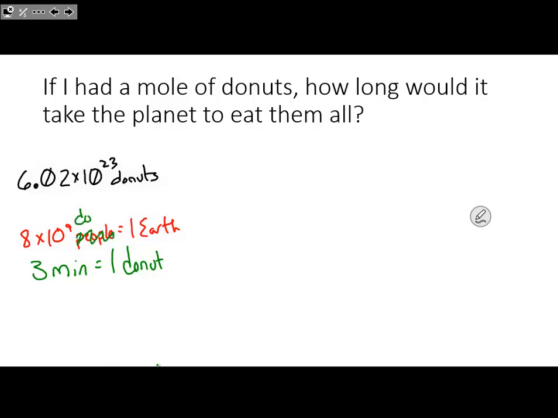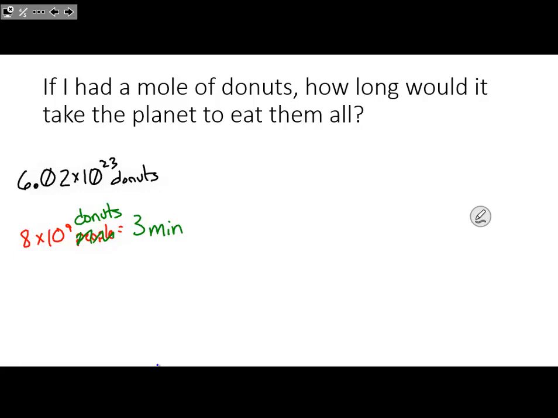This many donuts the people of Earth are going to eat in 3 minutes. And then 75 trillion divided by 3 is still not going to be a very large number, so let's instead take it from minutes to years.